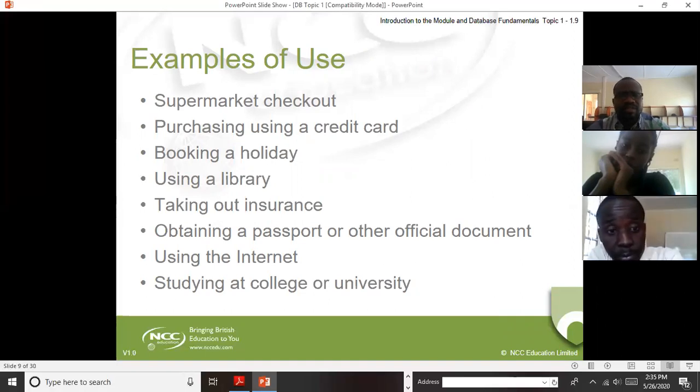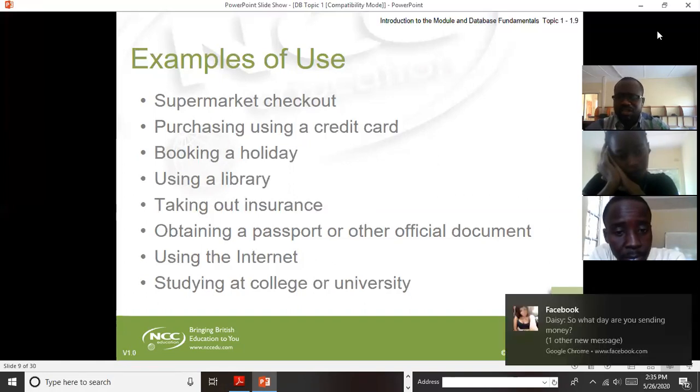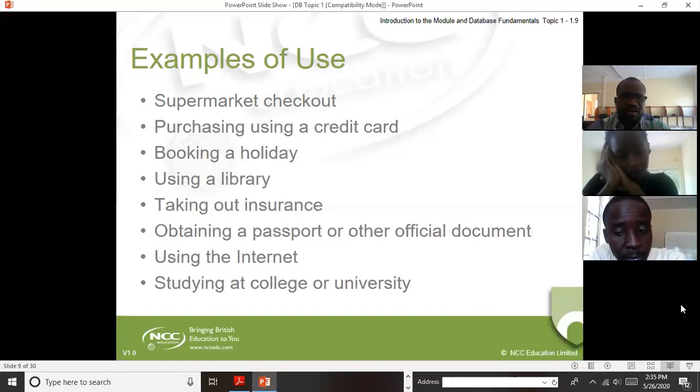You have databases in credit cards in banks, in booking holidays, in libraries, in insurance, in passport offices, on the internet, as well as in studying, isn't it?